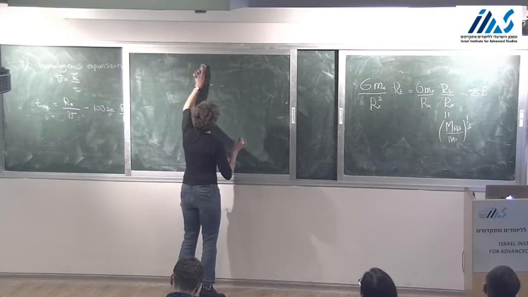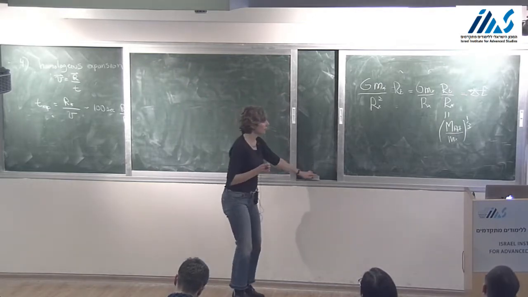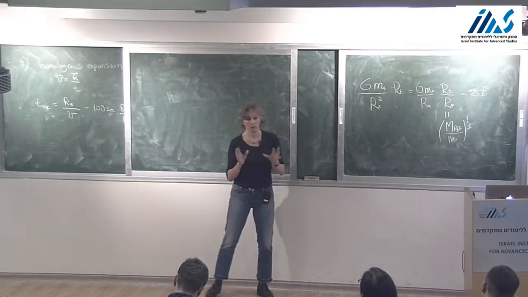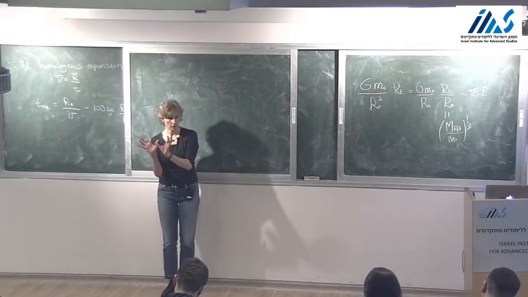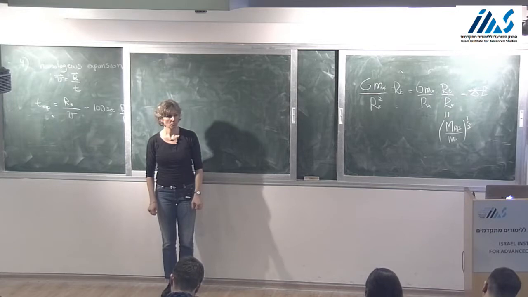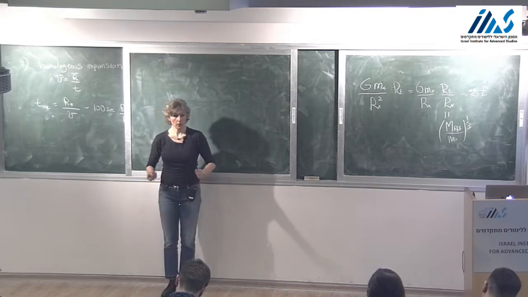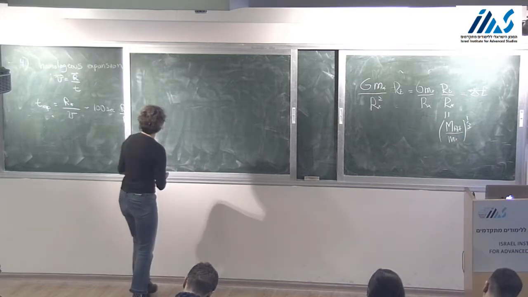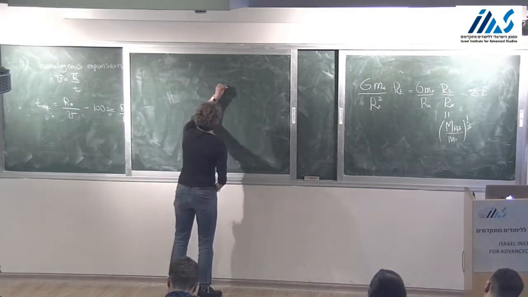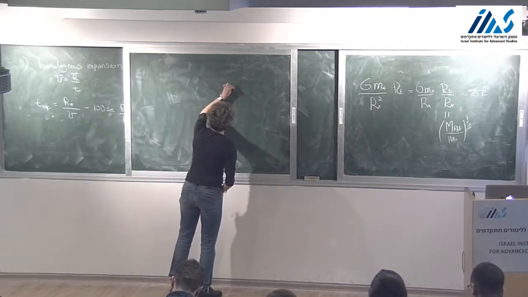So, at R tidal, the self-gravity is equal to the tidal force. And the self-gravity is trying to maintain the integrity of the star. So, again, this is the black hole.